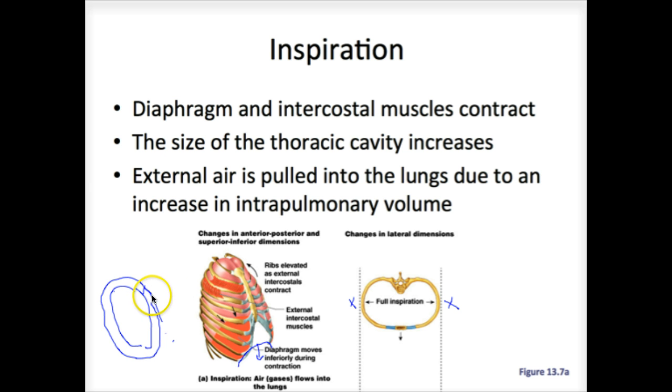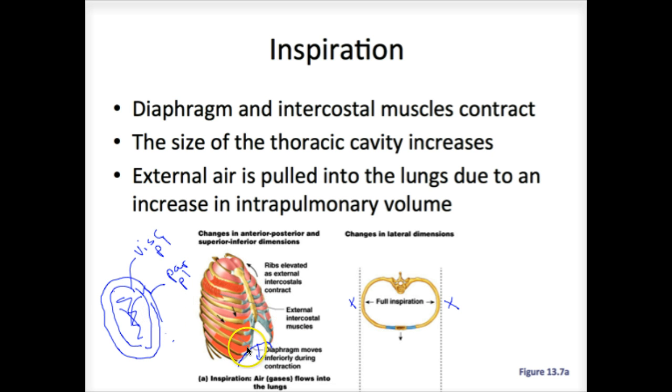Here's my very ugly cavity picture, but remember that this is the parietal pleura, and here's my visceral pleura, which is on the lung itself. So this right here is my lung, all of this in here. Because of that fluid here, it helps to keep the lungs expanded against the serous membrane.